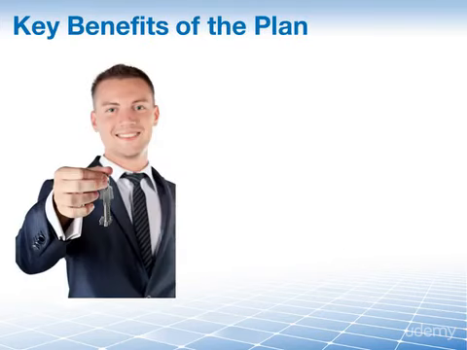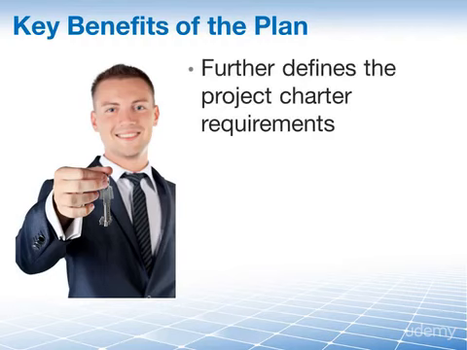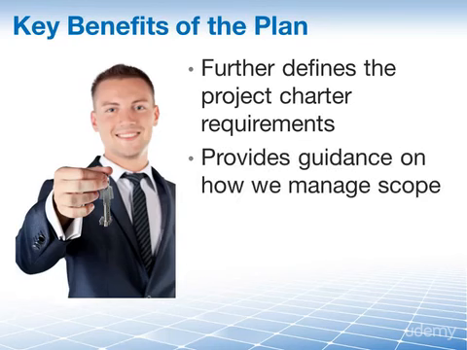Let's look a bit deeper into the key benefits of the plan scope management process. So in the initiation process, we created a project charter. In plan scope management, we elaborate on that charter and help further define the requirements. The plan that we build here helps us put structure around how we manage our scope.